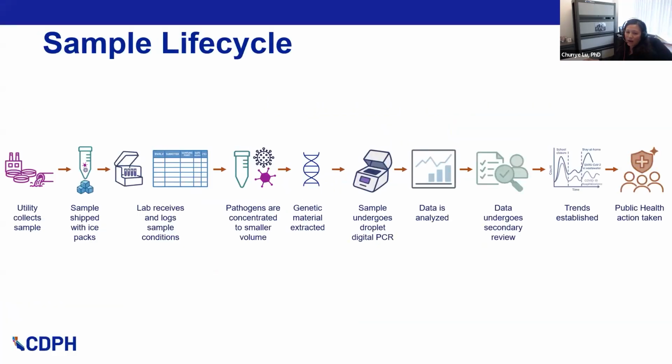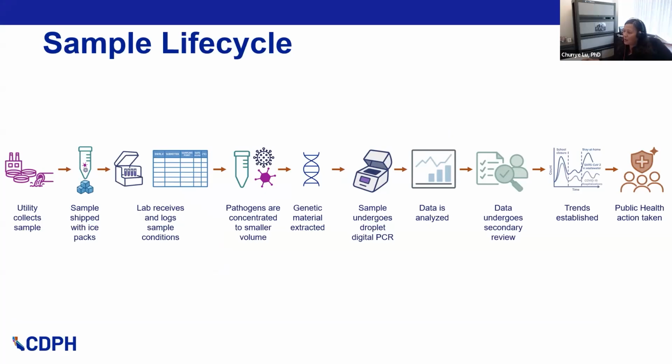Now let me walk you through the life cycle of wastewater samples. First, the utility collects wastewater samples and sends them to our lab. When the samples arrive, we immediately check them in and assess them. Next, we concentrate the wastewater sample and extract the nucleic acid.